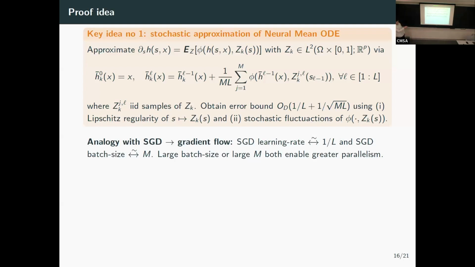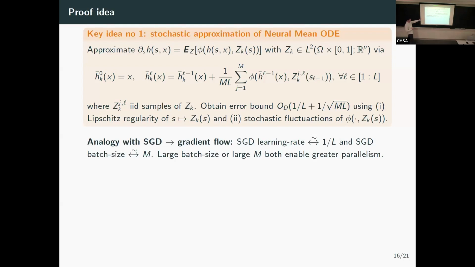To control what is in the big O for this term, this is the variance of this function phi, or more specifically, we're using sub-exponential or sub-Gaussian concentration, depending on the exact settings. For the architecture I've shown, this is sub-exponential concentration. So we also need to understand properly how the sub-exponential norm of these kinds of random variables behaves in the limit model. Okay, so this is what we get.